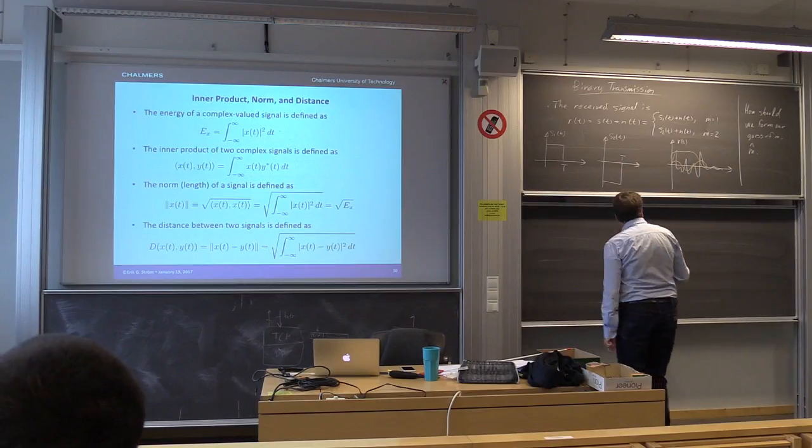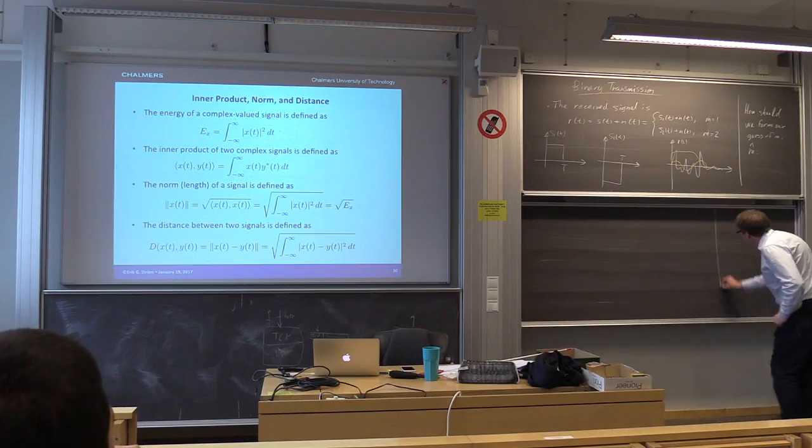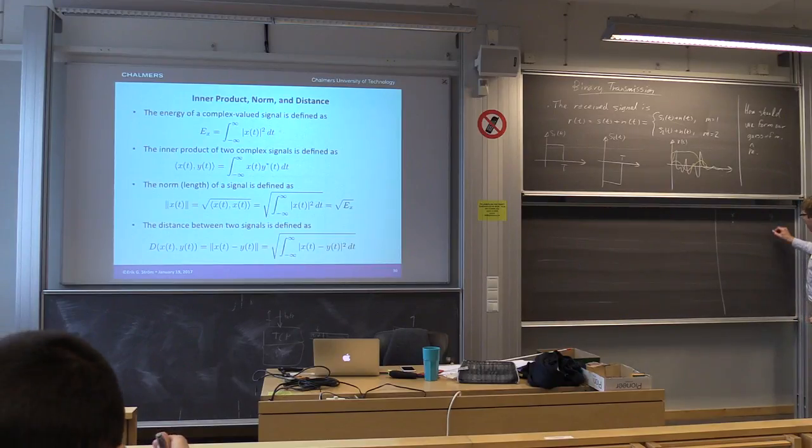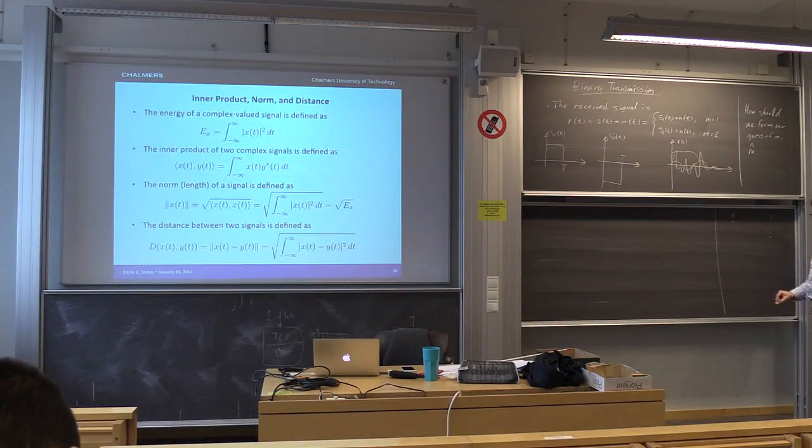If we want to do this with two points on the board, if we have x here and y here, two vectors with the origin here, a vector going like this, a vector like this, then the vector x minus y is this vector, and the distance between the point x and the point y is the length of the vector x minus y.